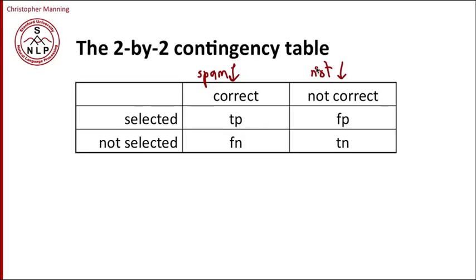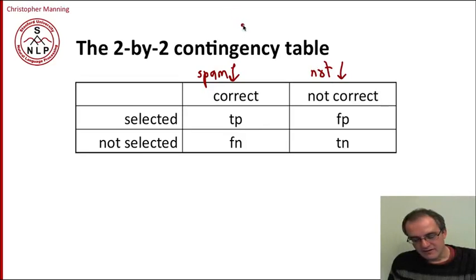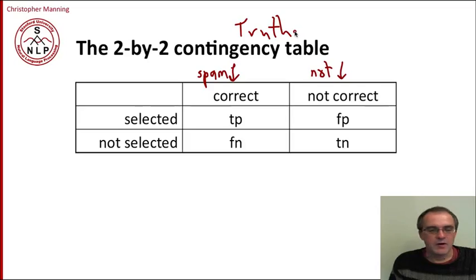On this axis, we're describing the truth. Now, what we've done is built a system that tries to detect the truth. So secondly, we're going to look at the status of our system. Our system could be saying that this piece of data is spam, or it could be saying that it's not spam.